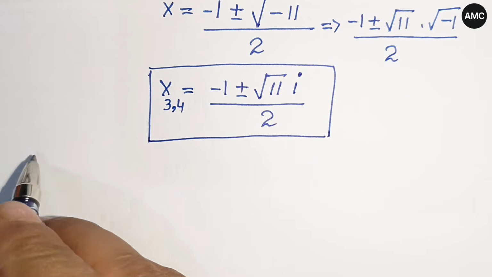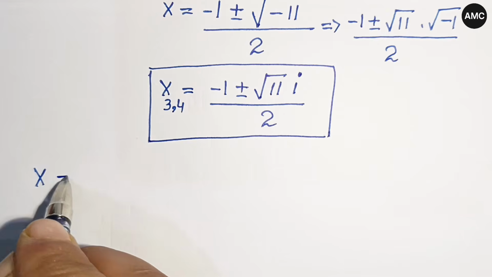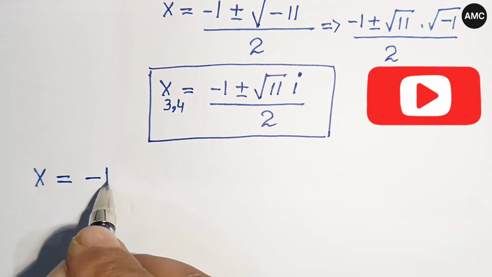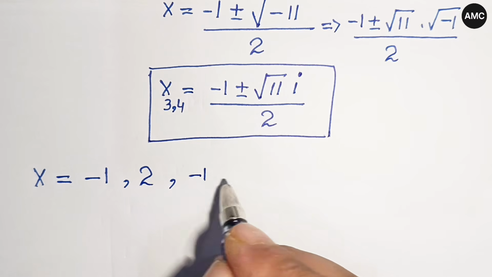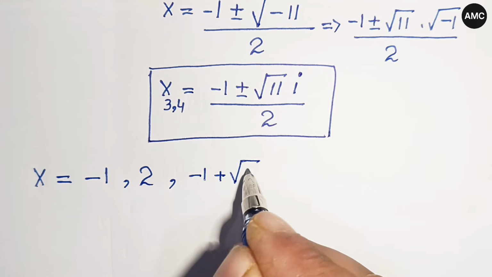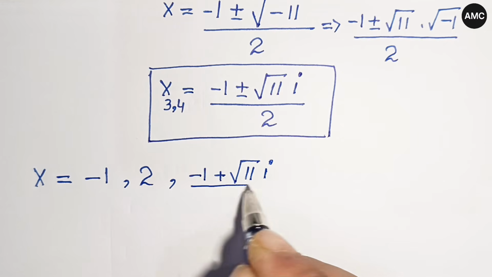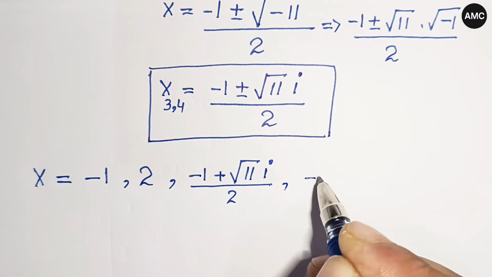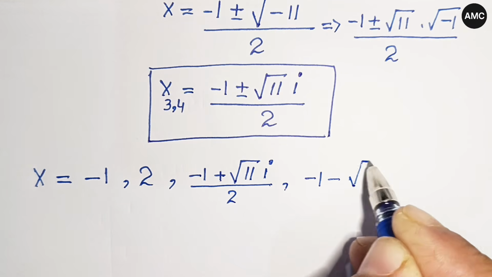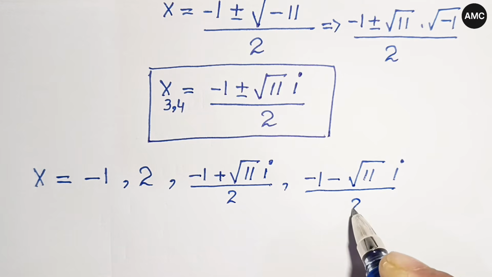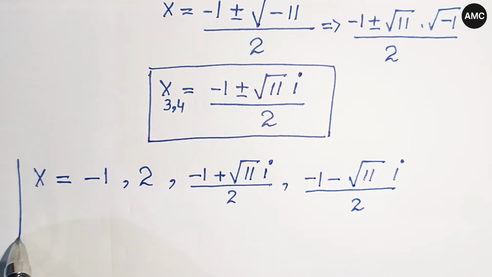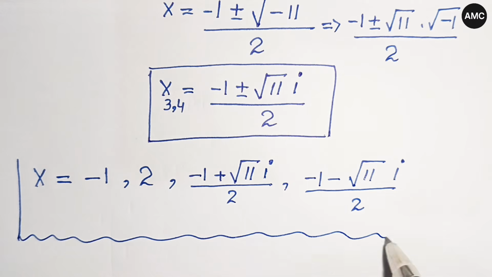So our final values of x: x1 is minus 1, x2 is 2, x3 is minus 1 plus square root of 11 i over 2, and x4 is minus 1 minus square root of 11 i over 2. So these are our final values of x.